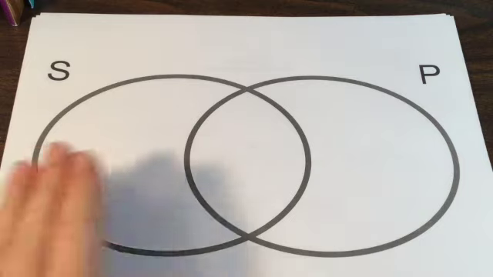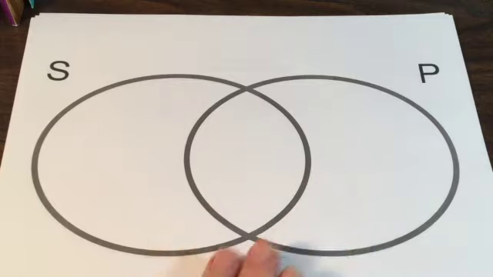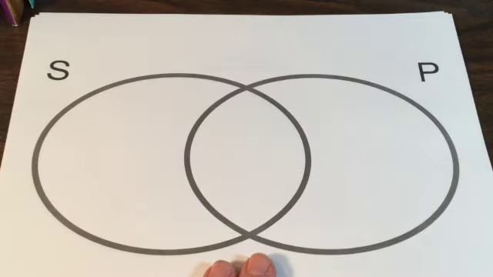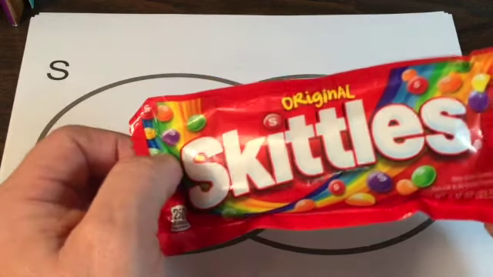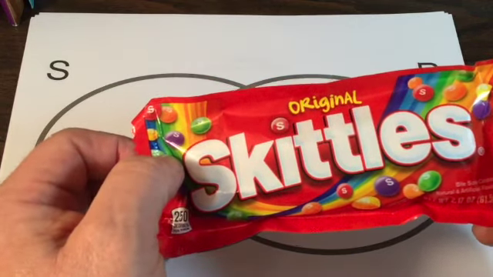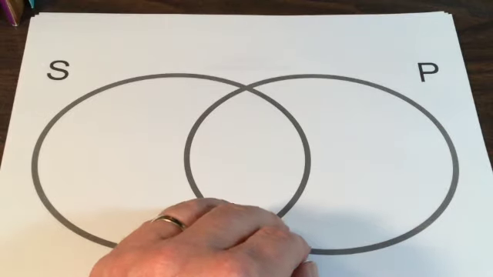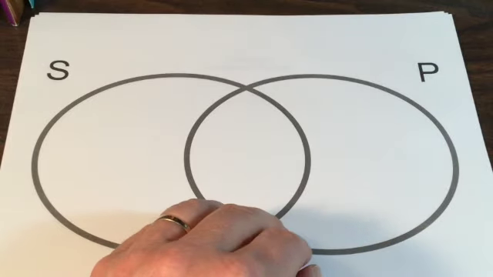But that's what we're going to do. So you get yourself a Venn diagram. You could print that out if you want to, or just draw it on a piece of paper. And if you want to get something to illustrate, manipulate, we can use this. You can get some Skittles or some other sort of candy or small thing you can manipulate on the screen.